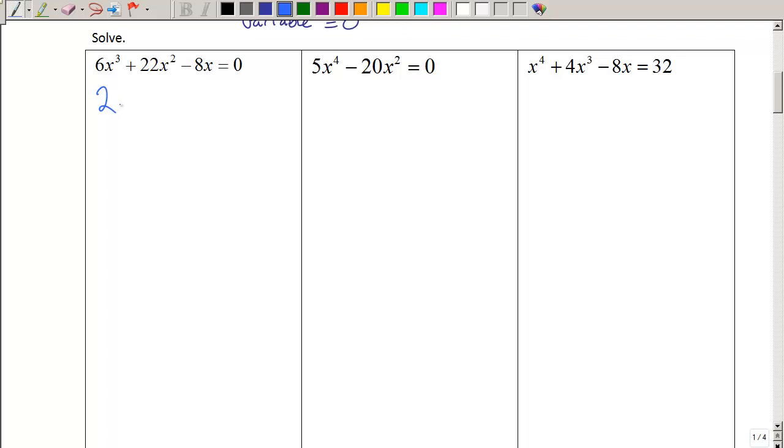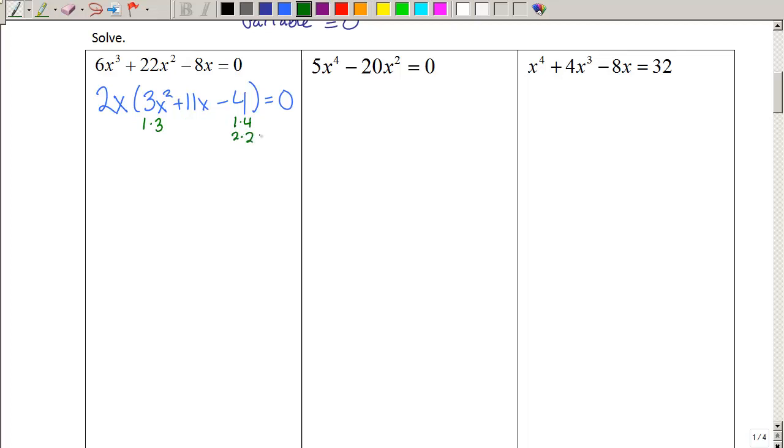Looking at our variables x cubed, x squared, and x, we have a variable GCF of x. When I divide x out of each term, I'm left with 6x squared plus 21x minus 8. On the inside of my parentheses, I have 3 terms left, which tells me I need to group or guess and check. I'm going to be using guess and check.